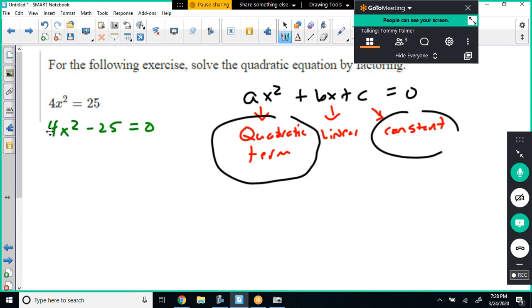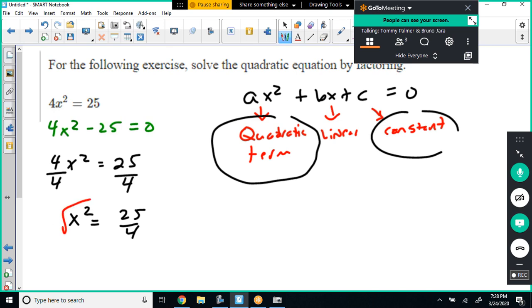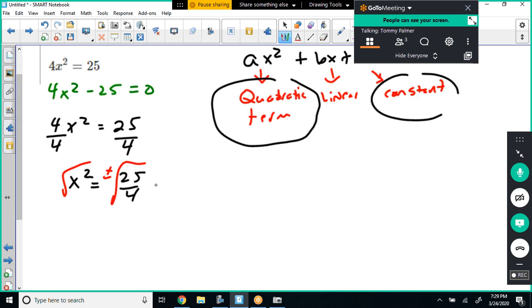If so, you've got the quadratic term, you've got a constant. What you want to do is again get the constant over to the other side, divide by the 4, so it leaves you with x squared equals 25 over 4. Now, how do you get rid of a squared? You take the square root. When you take the square root here, note that 25 and 4 are perfect squares, right?